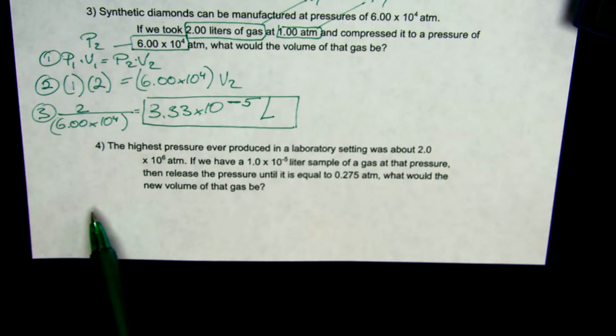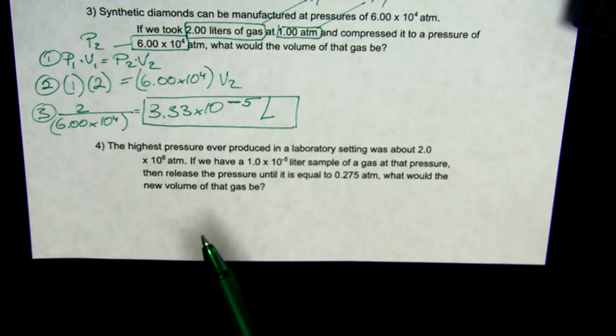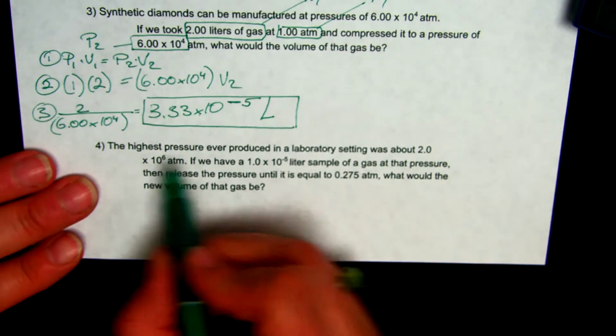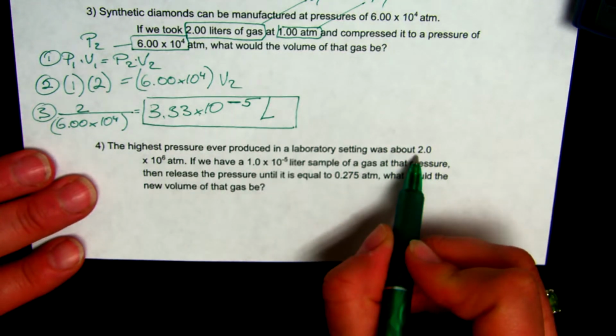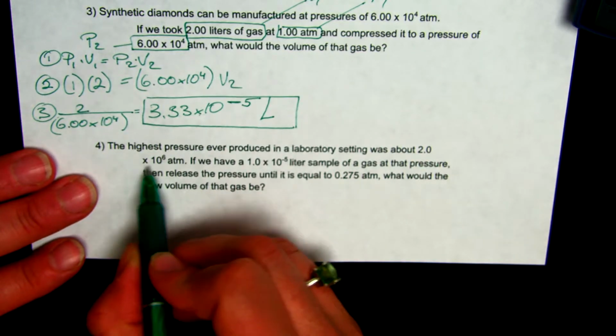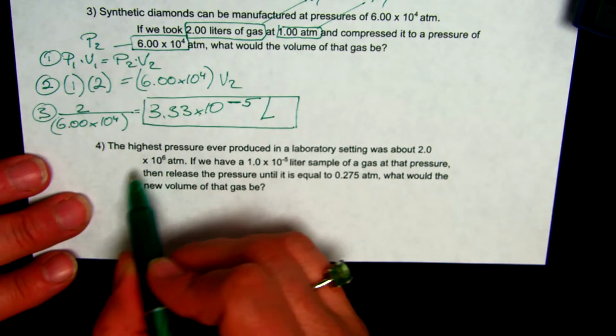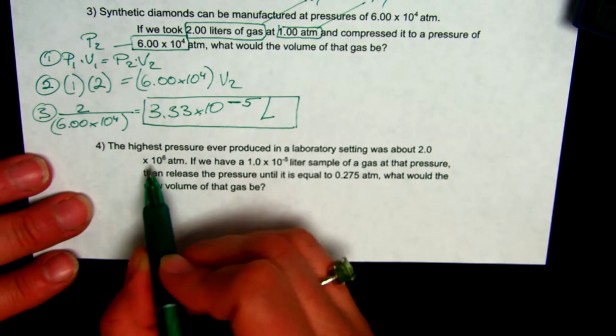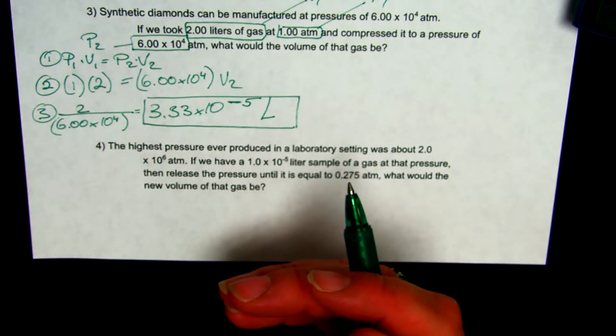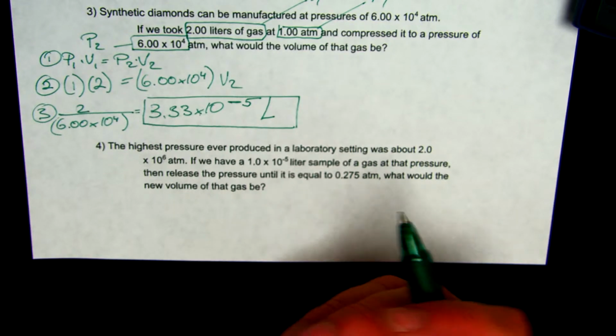Okay, so let's go back to producing artificial pressure. The highest pressure ever produced in a lab was 2.0 times 10 to the sixth. Right now, this is not necessarily a part of my problem. They're just giving you information. This is the highest pressure that I can produce in a machine.